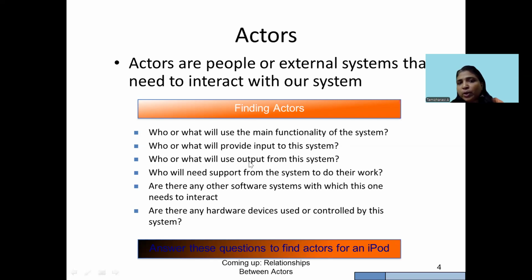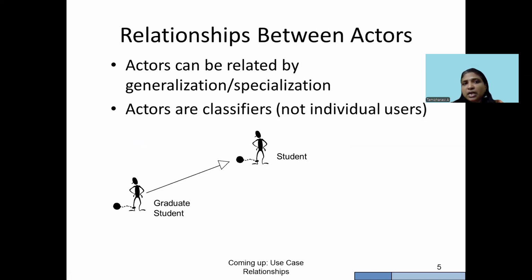Who is going to provide the input, or what is going to use the output? Who will need support from the system? Are there any other software systems with which this one needs to interact? Are there any hardware devices used or controlled by the system? By answering all these questions, you can find out who the actors involved in the system are.